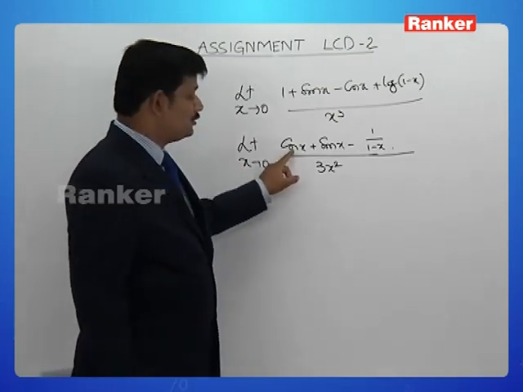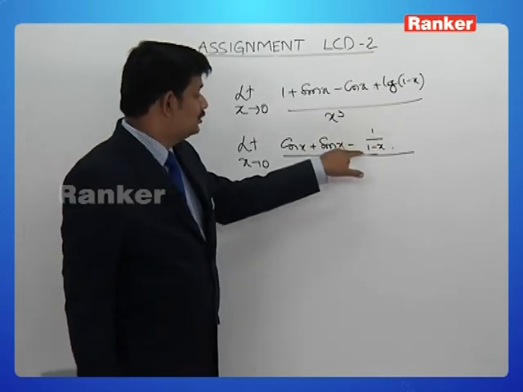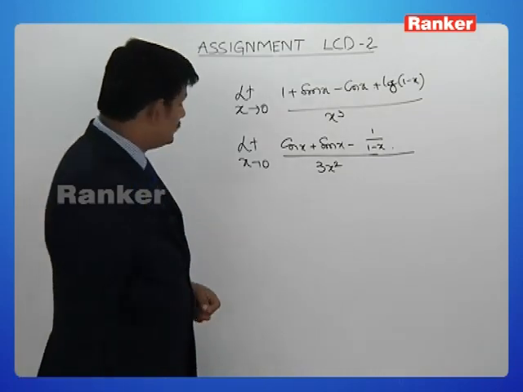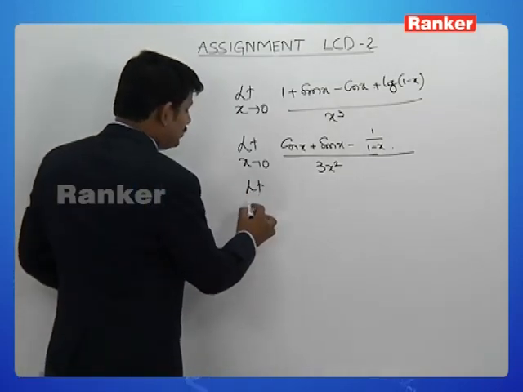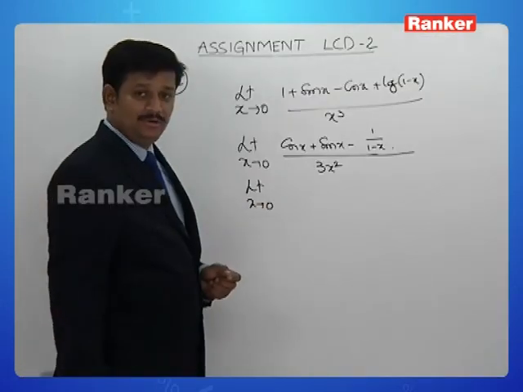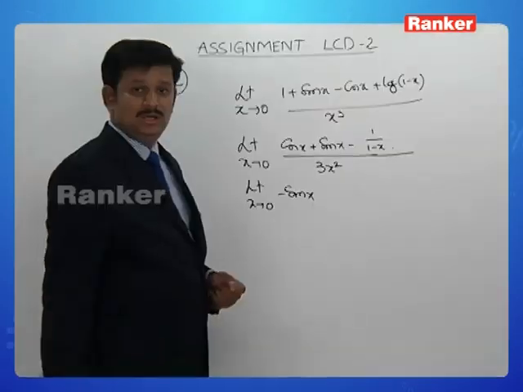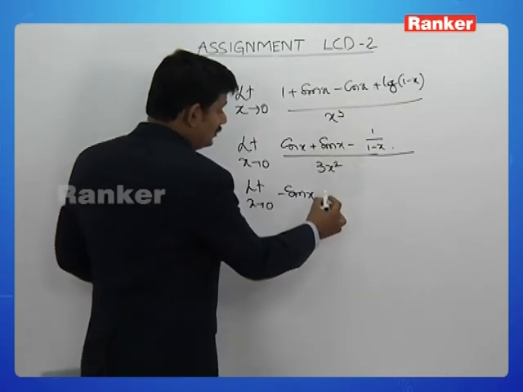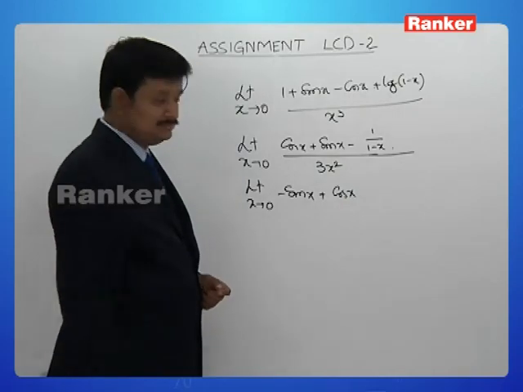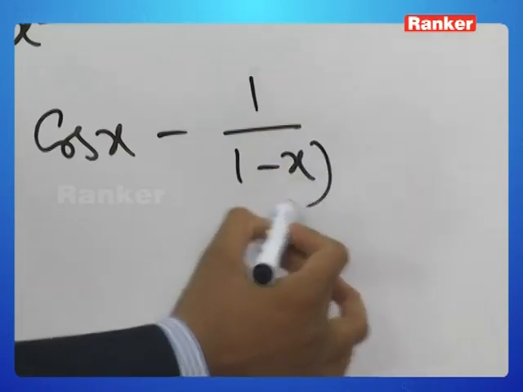Again, as x tends to 0, cos x is 1, sin x is 0, 1 by 1 minus 0 is 1, 1 gets cancelled, it is 0, and denominator is also 0, 0 by 0 form. Again, applying L'Hospital rule, it is limit x tending to 0, derivative of cos x is minus sin x, derivative of sin x is cos x, minus 1 by (1 minus x) whole square.